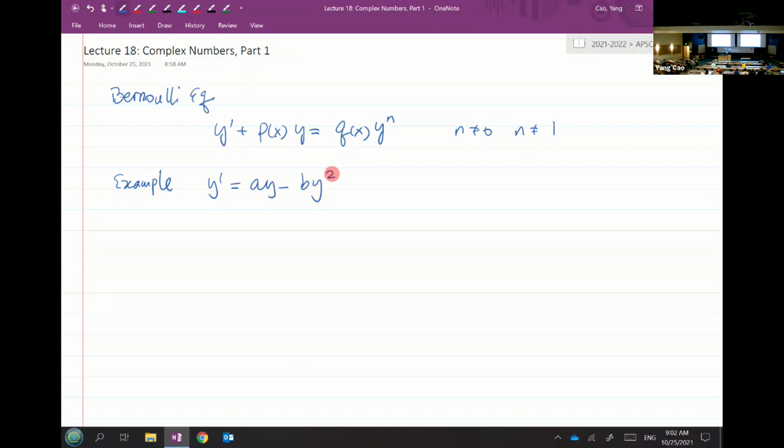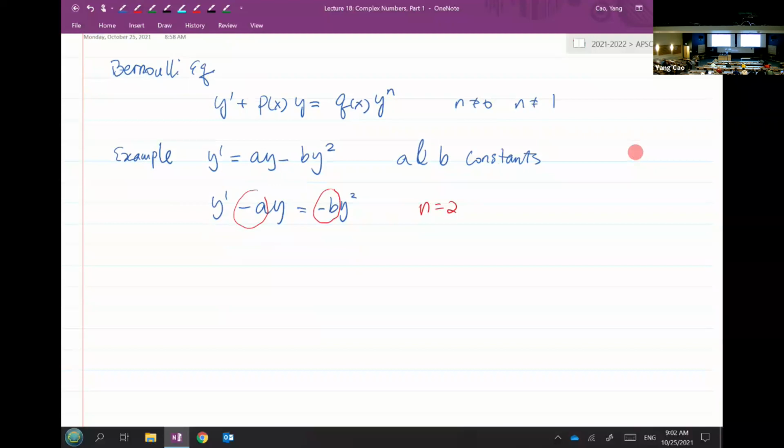Let's solve this question using the approach we presented in the previous lecture. This is a Bernoulli equation. If you write it in this format, you can see this is your P of x, this is your Q of x, and n here is equal to 2. So this is how we solve the Bernoulli equation.